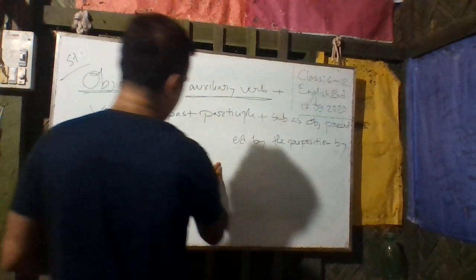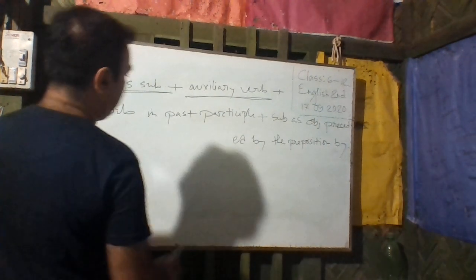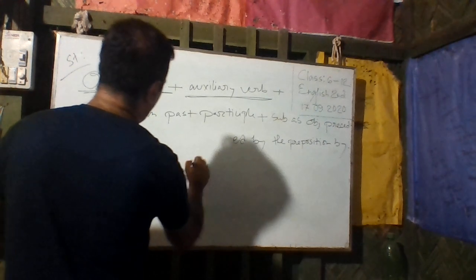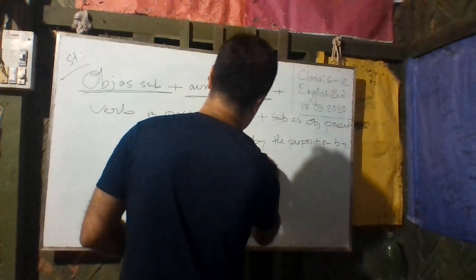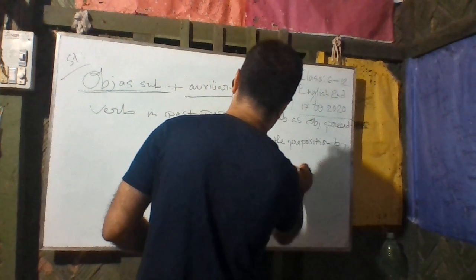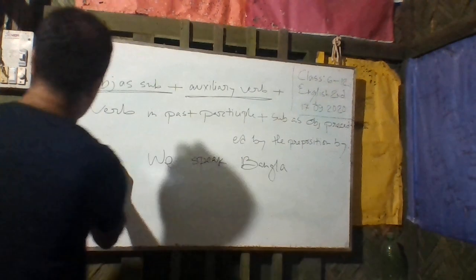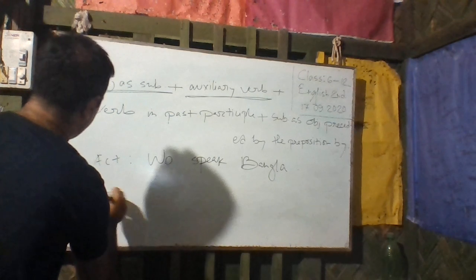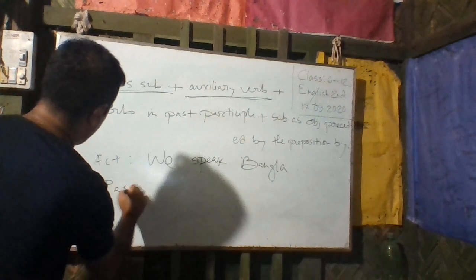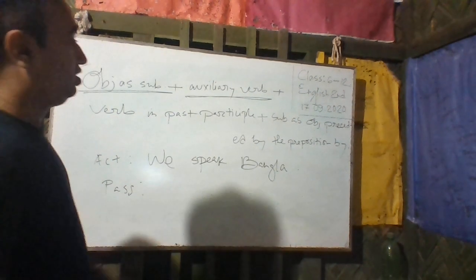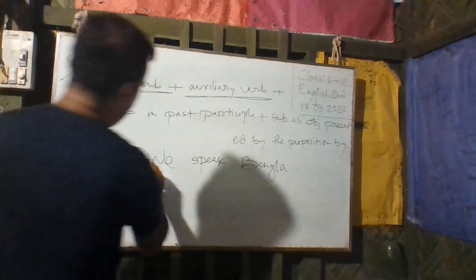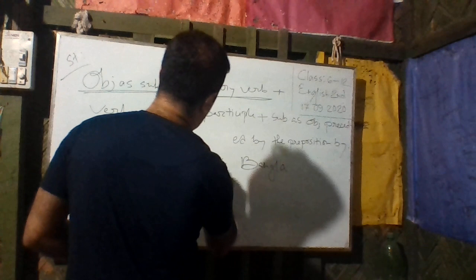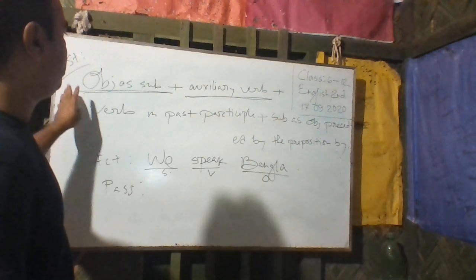Okay, let's try. I'm writing an active sentence. We speak Bangla. Active. Let's make it passive. First of all, you have to know the subject, you have to know the object. Subject, verb, object. Look at the structure.